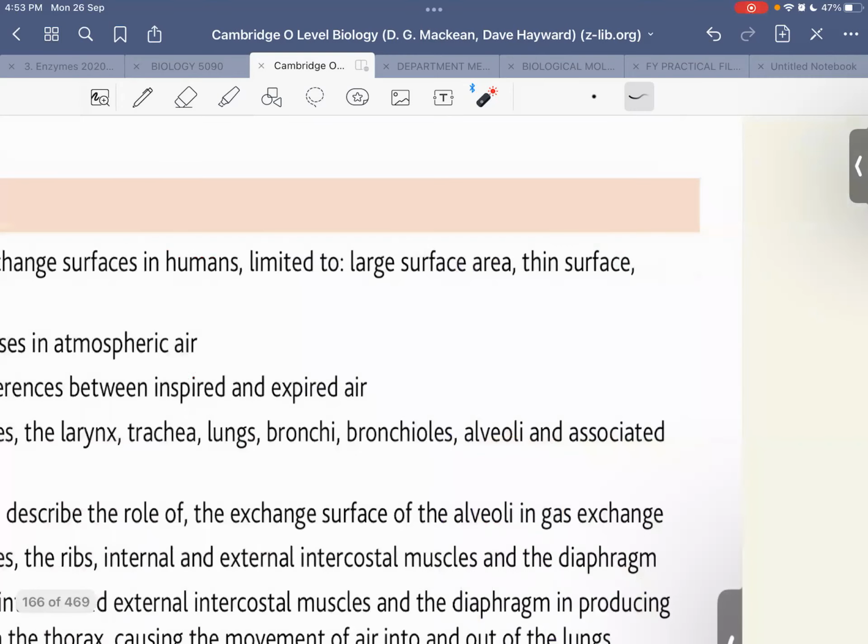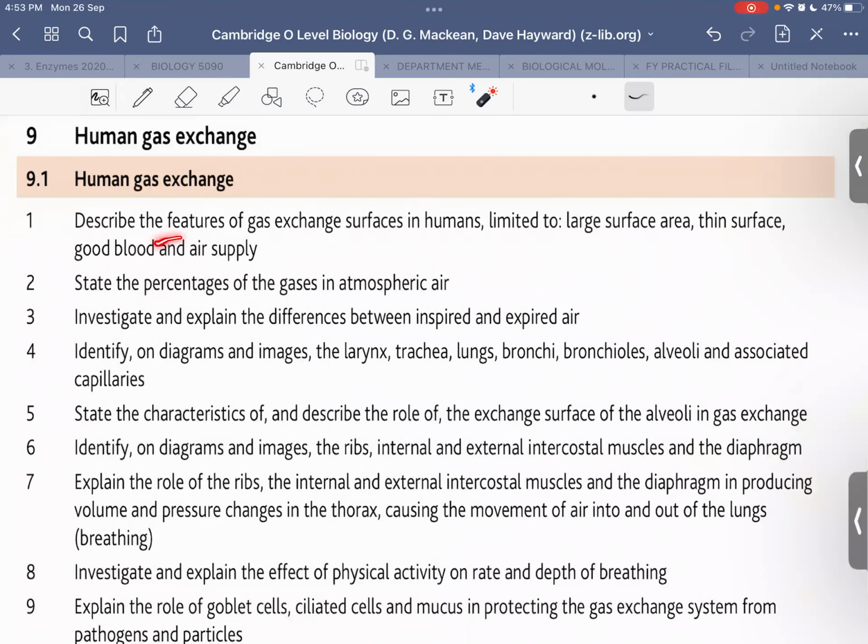Okay. If we go back to our learning outcome, let's go to this. Describe the features of the gas exchange surfaces in humans limited to large surface area, thin surface, good blood, and air supply. Have you done this? Yes. State the percentages of the gases in atmospheric air. Done? Yeah.